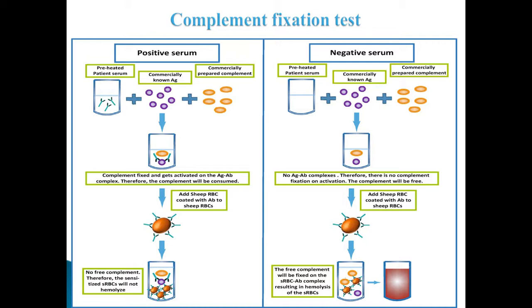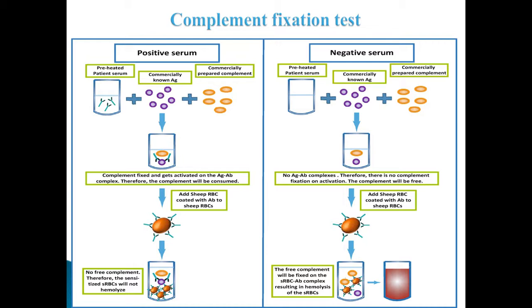If the test serum is positive for antibody, an antigen-antibody complex is formed, and complement gets fixed to the complex, so there will be no free complement in the serum. If the test serum is negative for antibody, there is no antigen-antibody complex. Complements are not fixed, hence remain free in the serum.